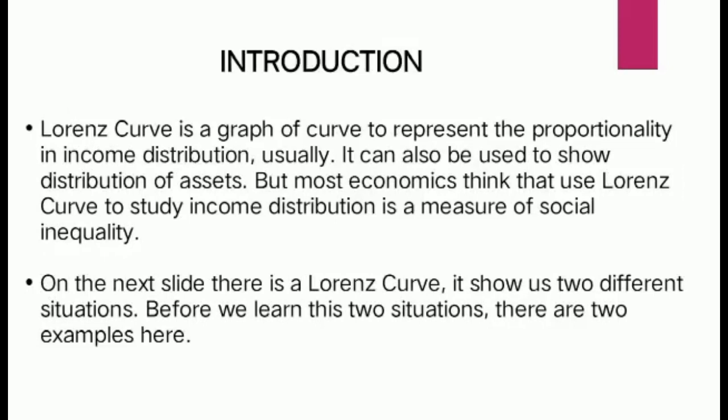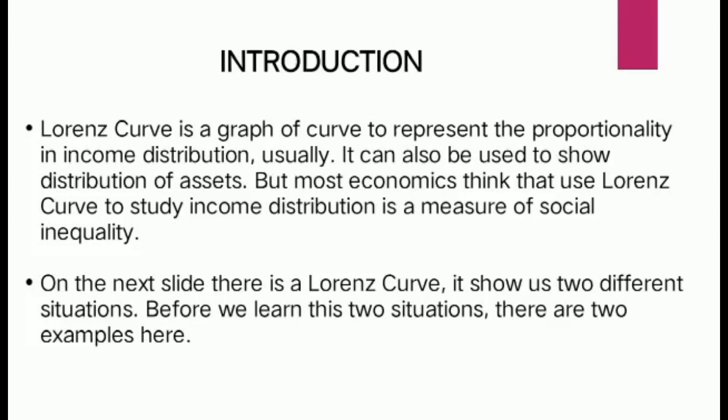So the Lorenz curve is a graph to present the proportionality in income distribution, usually. It can also be used to show distribution of assets, but most economists use the Lorenz curve to study income distribution as a measure of social inequality.